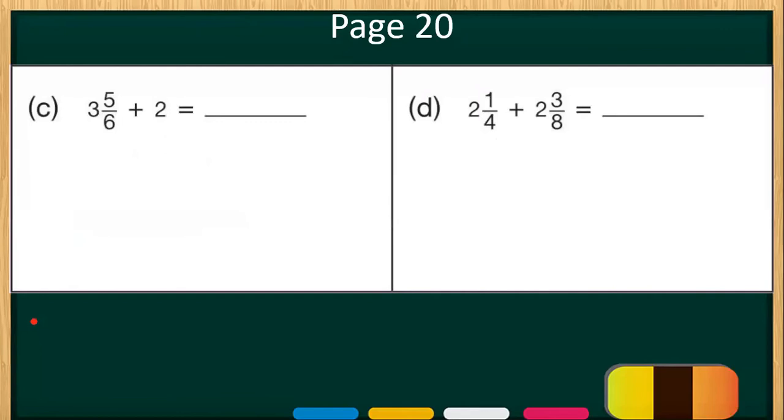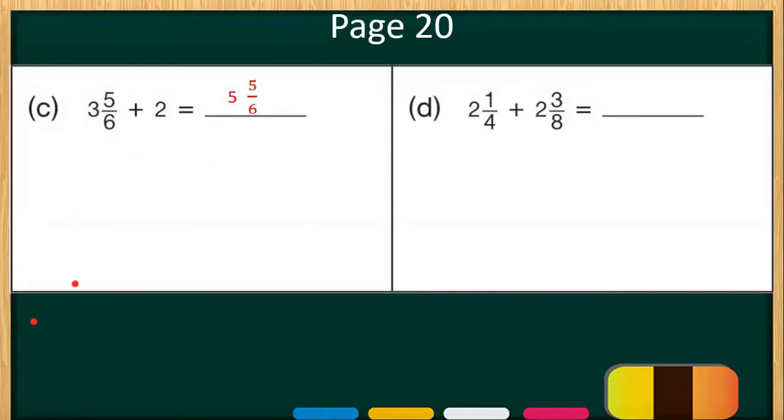What is the correct answer here? So this time you only need to add the whole number. 3 plus 2 equals, what's the answer? 3 plus 2, 5. Very good. So our final answer for letter C is 5 and 5 over 6.